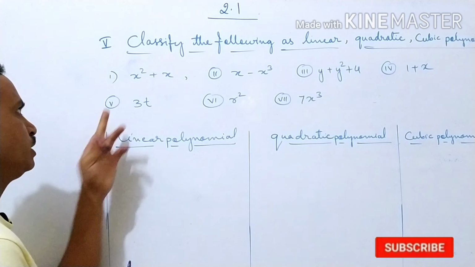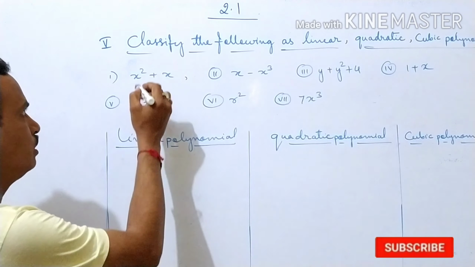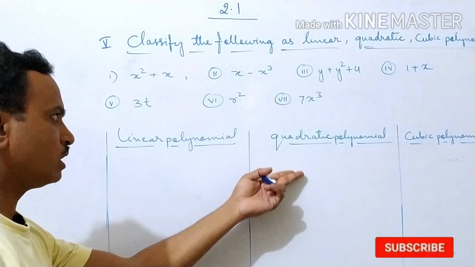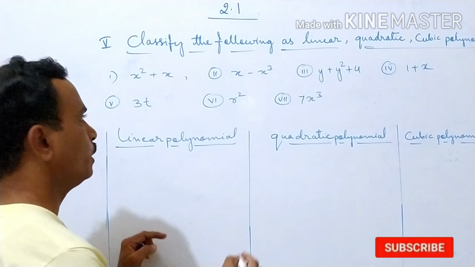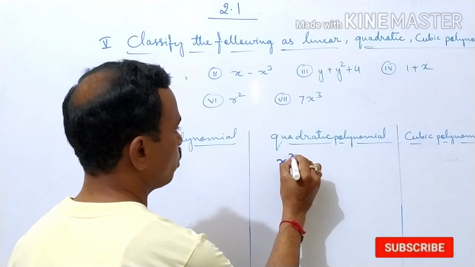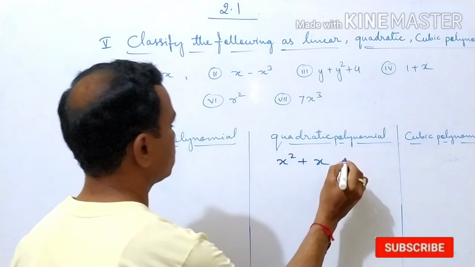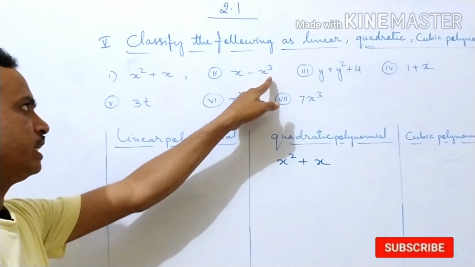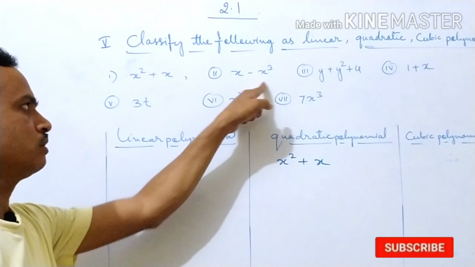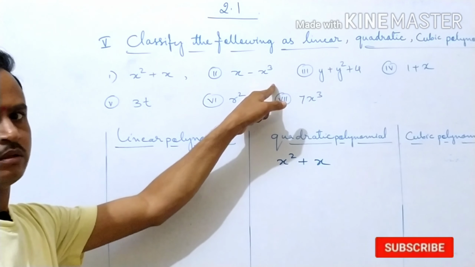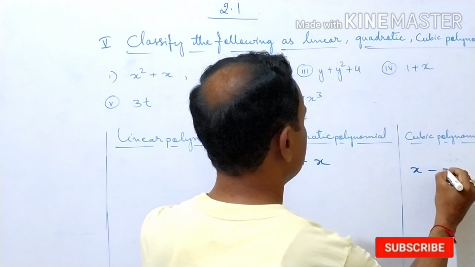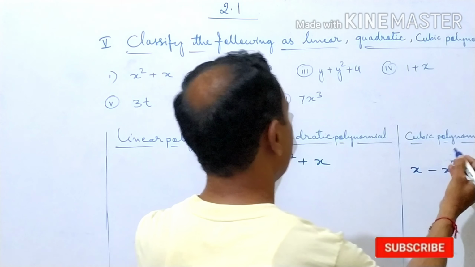Now you see here x square plus x. Here x square is there, so that comes under quadratic polynomial. The second one is x cube, so this comes under cubic polynomial.